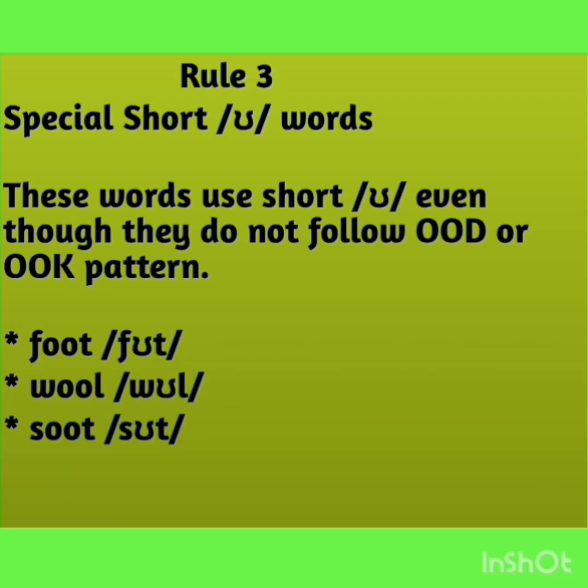So these are the three categories in which we have short U: OOK words, that is the first instance; OOD words, that is the second instance; and these three words, suit, foot, and wool.